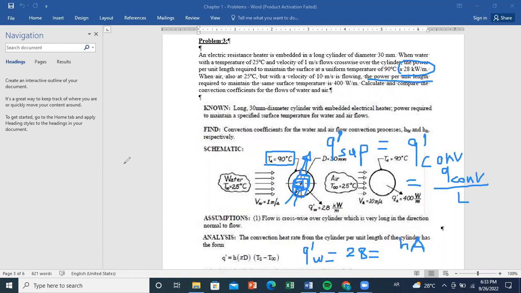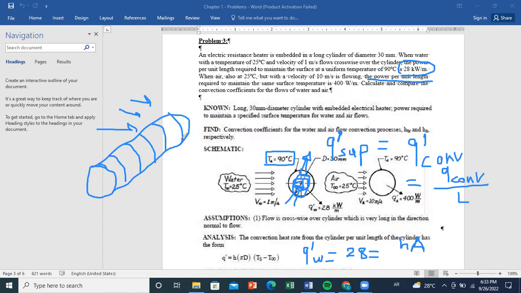To know it, you just have to draw your geometry. You have a cylinder and you have a flux over your cylinder. So this is the lateral area that is exposed to convective flux. To calculate it, all we have to do is to consider the diameter as a perimeter, times the length. So it's 2 pi r times L.